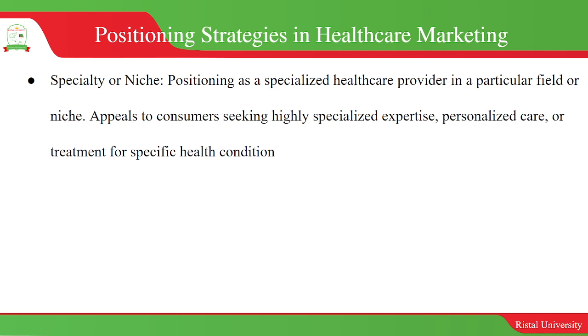Niche, which we say is a highly specialized field, where you provide quality, personalized care for specific conditions. For example, the kidney hospital in Juba, what is its name? Who can tell me?